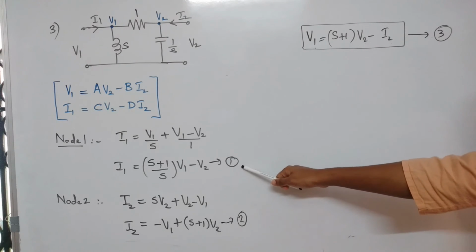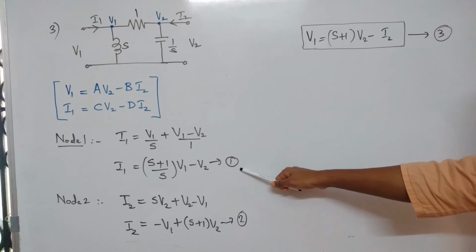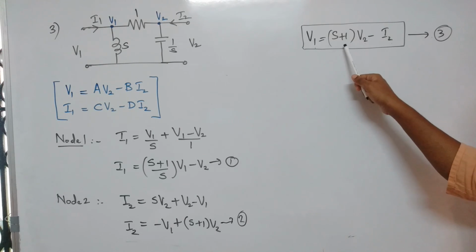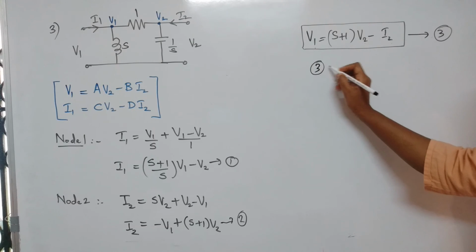Now in this equation for I1, let's substitute for V1. So put 3 in 1.